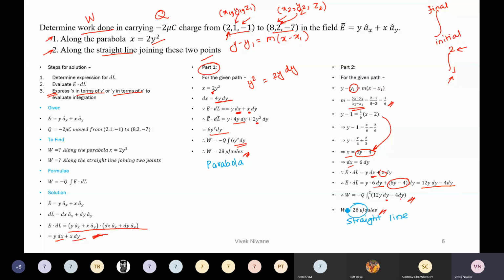If you observe these two values, they are the same, and if you try a different path as well, you will have the work done equal to 28 microjoules only. So a very important conclusion for this numerical.